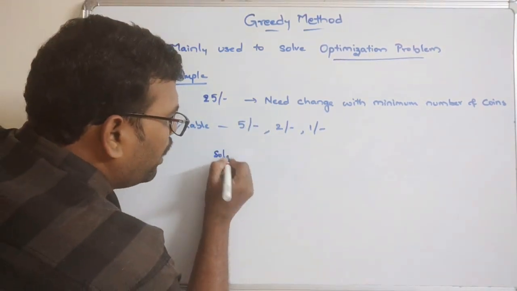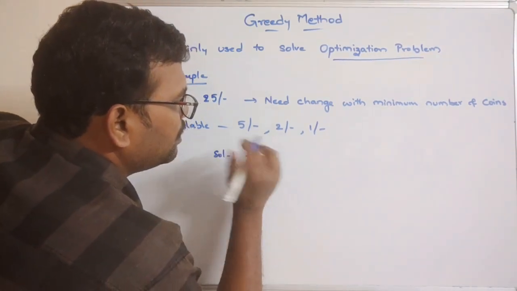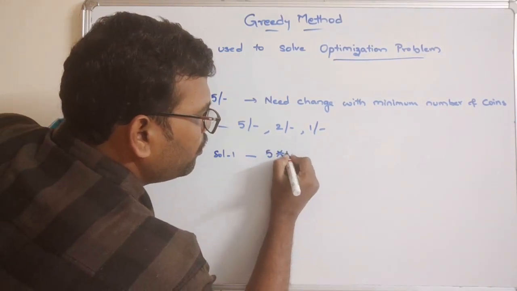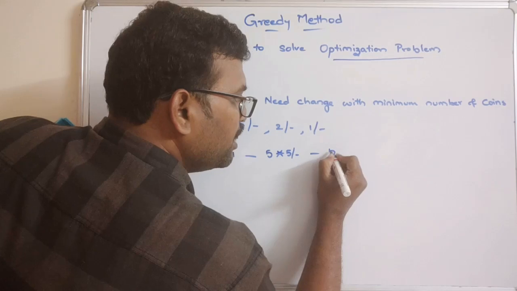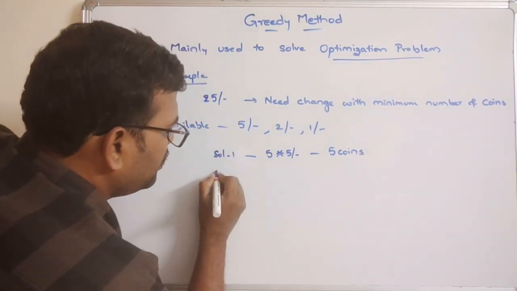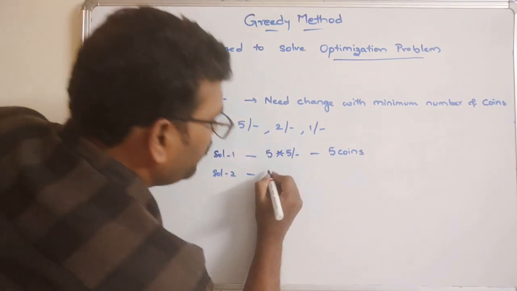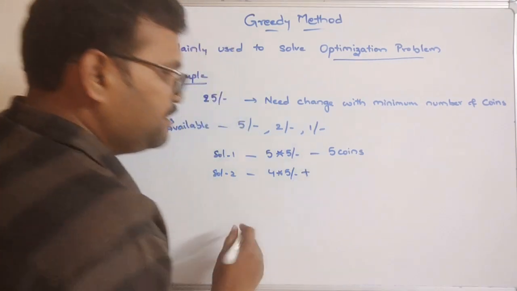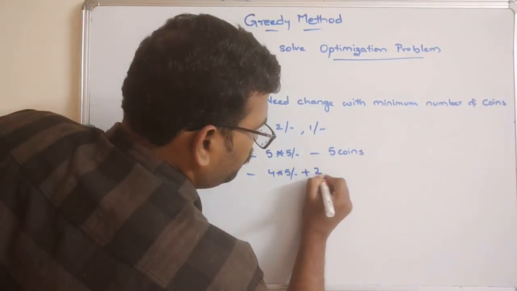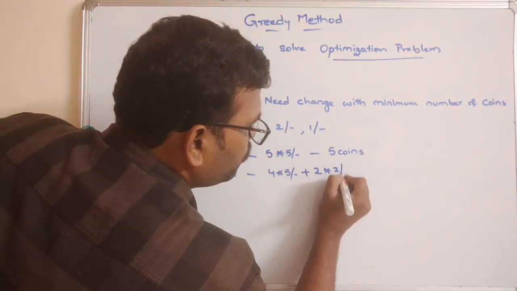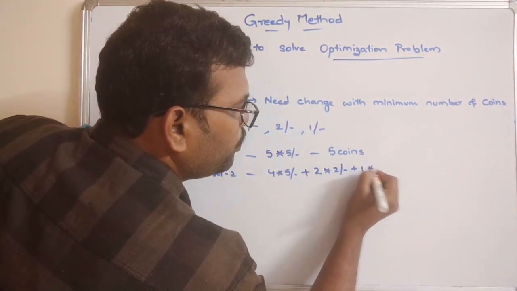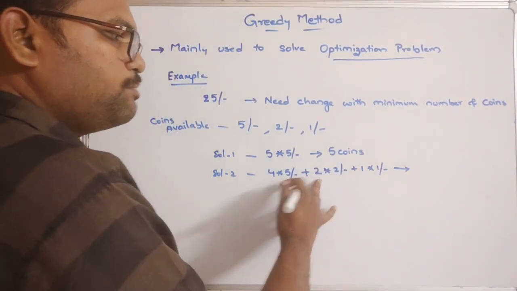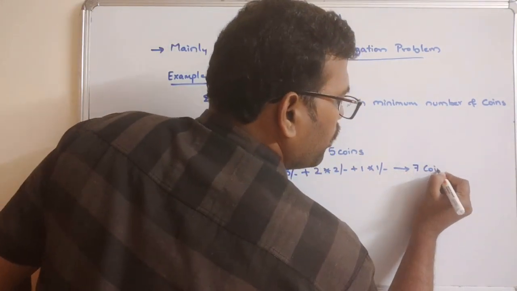Solution 1 is 5 into 5 rupees, which requires 5 coins. Solution 2, we can take 4 into 5, that is 20, plus 2 into 2 rupees plus 1 into 1 rupee. How many coins does it require? 4 plus 2 is 6, plus 1, so a total of 7 coins.